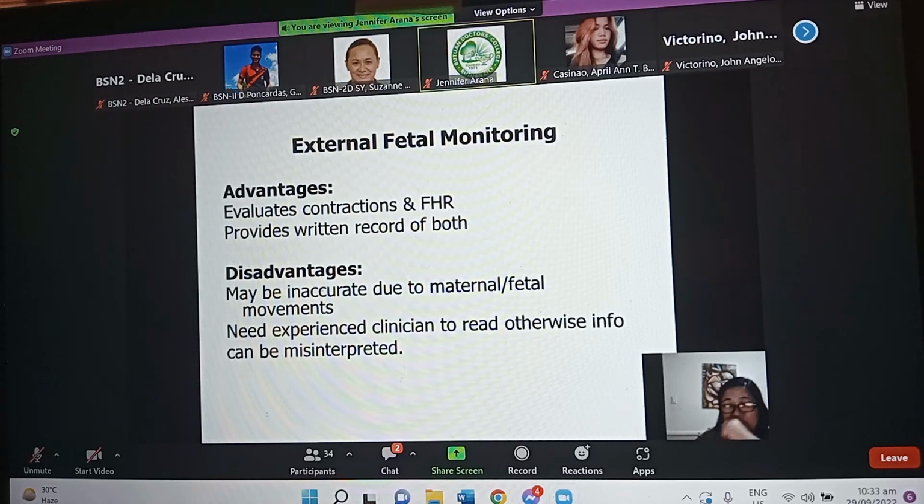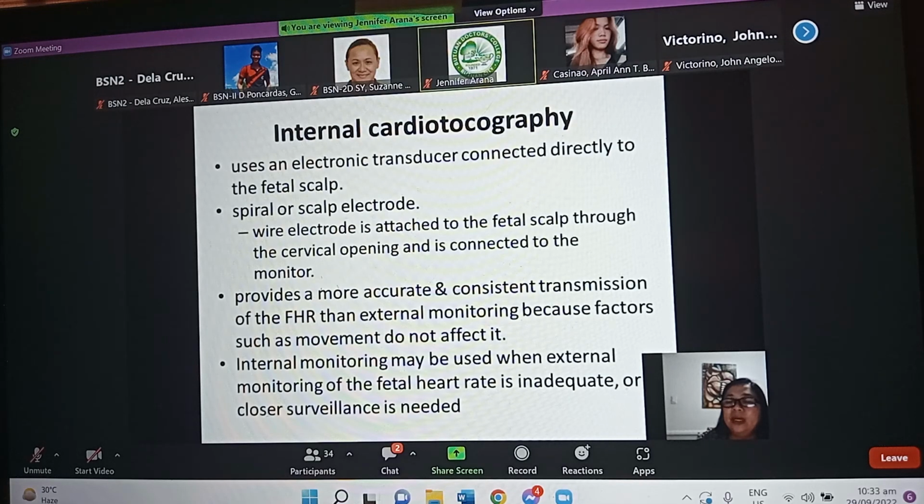So, maapektuhan na resulta due to maternal and fetal movements. Another is, it needs experienced clinician to read the results, otherwise the information can be misinterpreted.